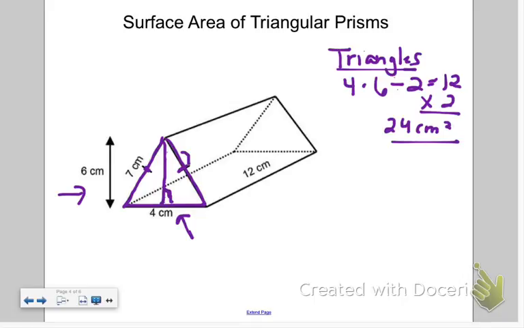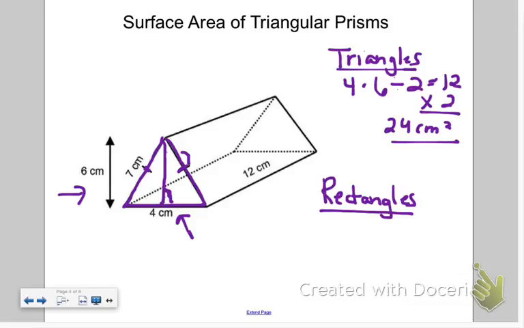Now let's look at the rectangles. Now if you remember from the last slide, if you have an equilateral triangle, all the rectangles are exactly the same. Well, in an isosceles, or when you have isosceles triangles in your prism, you now are going to have 2 rectangles that are the same, and then one's going to be different.